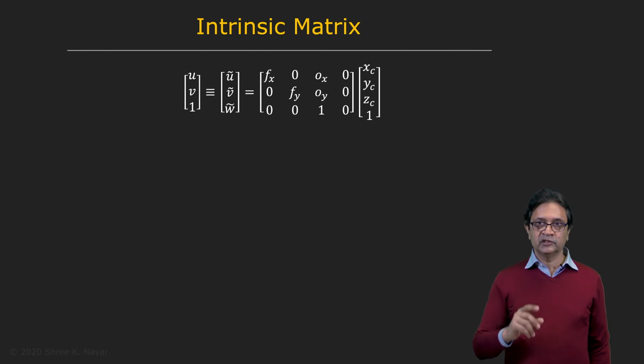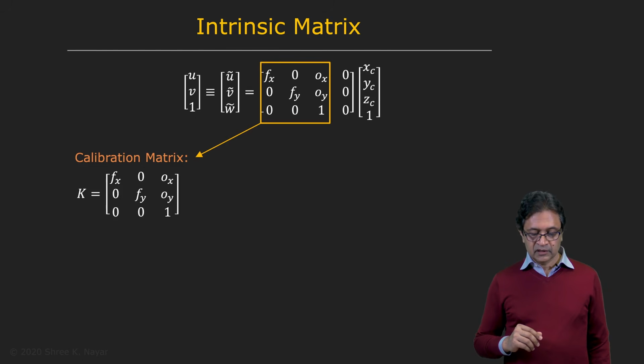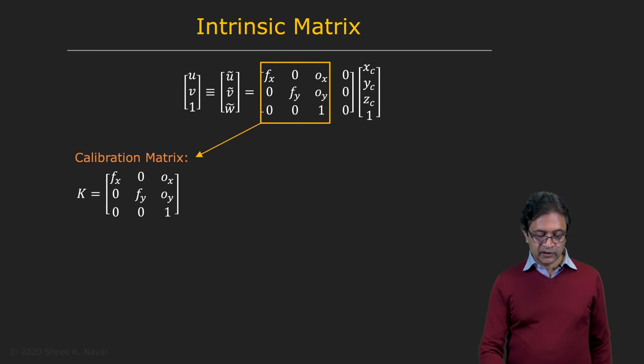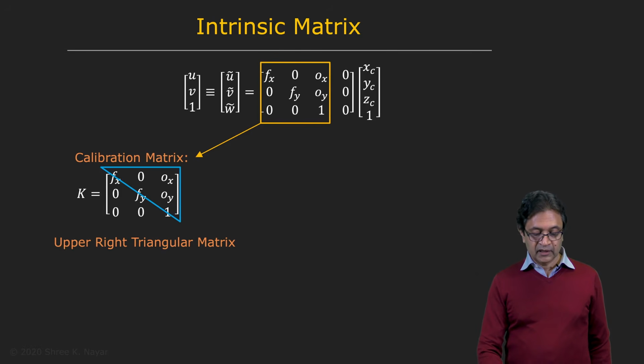Just a couple of words about the intrinsic matrix. If you look at this submatrix right here, this 3x3 block, we call it the calibration matrix K. This matrix has a very special structure to it, which we should bear in mind because we're going to use it later when we solve for the various parameters. The structure is that it is an upper right triangular matrix.